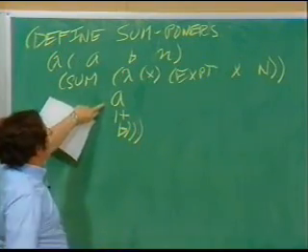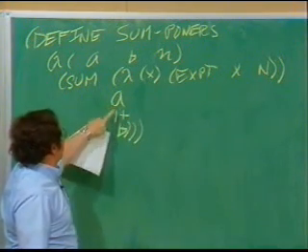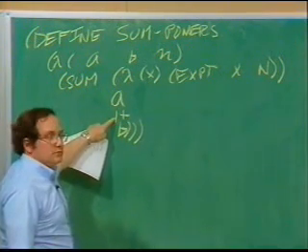So we're adding up x to the n given an x. X takes on values from a to b, incrementing by 1.